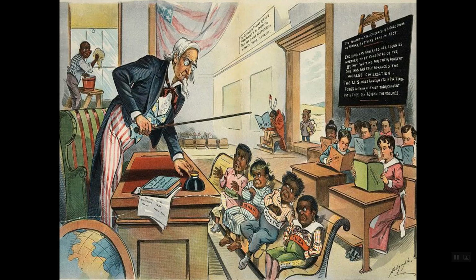So here's another cartoon of the United States trying to civilize Cuba and Puerto Rico and Hawaii, right? And you've got the Native Americans in the back as well, and the immigrant Chinese. Now these are the regular students that are doing well. There's a poor guy back here cleaning.